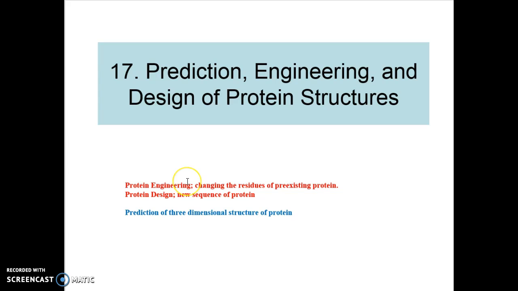Protein engineering may represent the approaches by which you can change some residues of pre-existing proteins to get altered proteins in functions and structure.